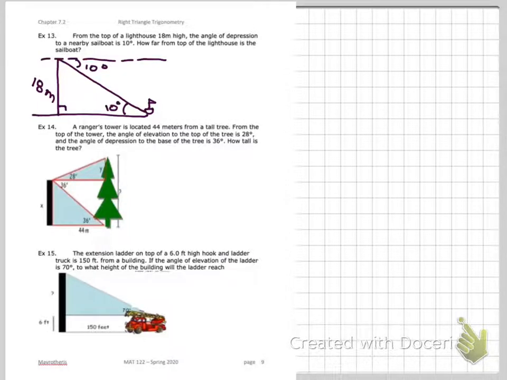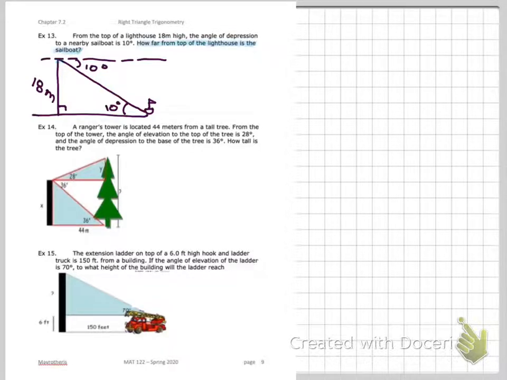Anytime we talk about angle of elevation or angle of depression, we are assuming that we are using a right triangle. That lighthouse is coming straight up out of the ground. Okay, so let's take a look at the information that we are trying to find. We want to figure out how far it is from the top of the lighthouse to the sailboat.